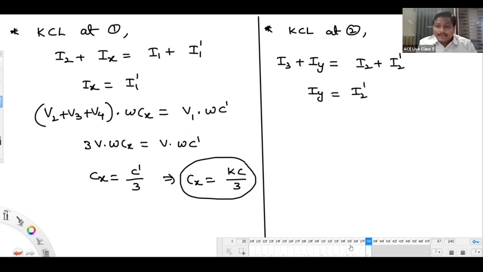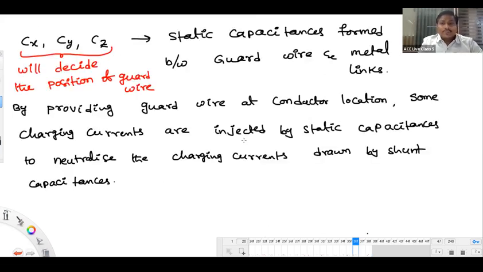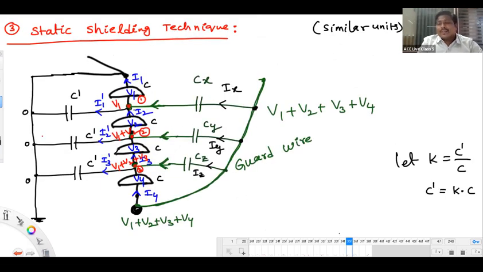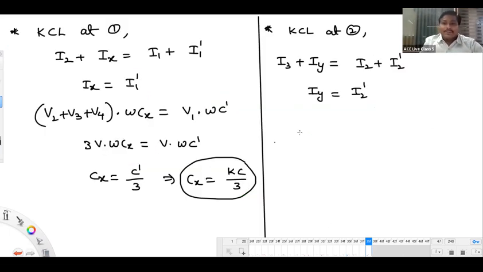What is the Iy current? Iy is V1 plus V2 plus V3 plus V4 minus (V1 plus V2), so it will be (V3 plus V4) times omega Cy. And what is I2 dash?